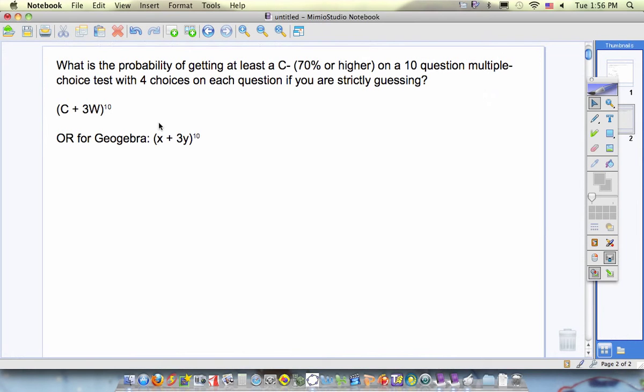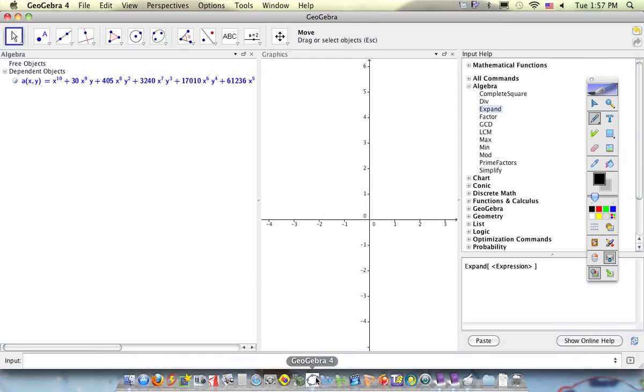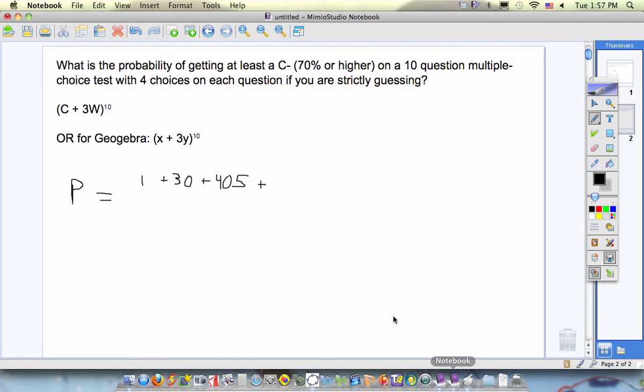Right? So we basically have to find a probability. We had one way to get them all correct, and then 30, and then 405, and then looking back, there were 3,240 ways to get 7 correct and 3 wrong.